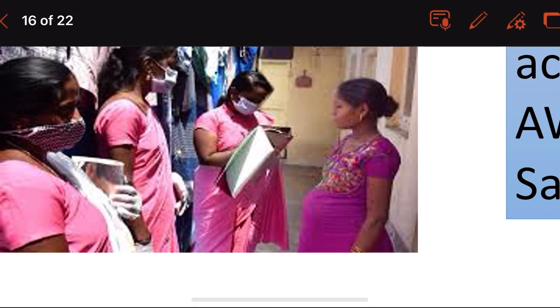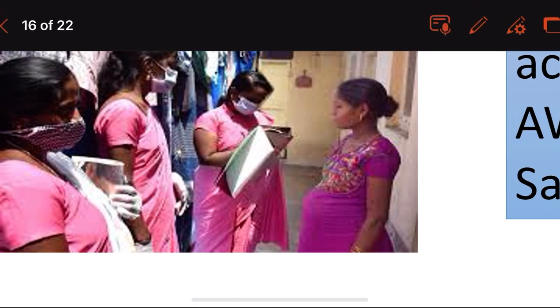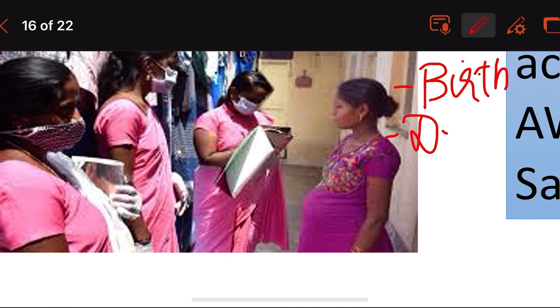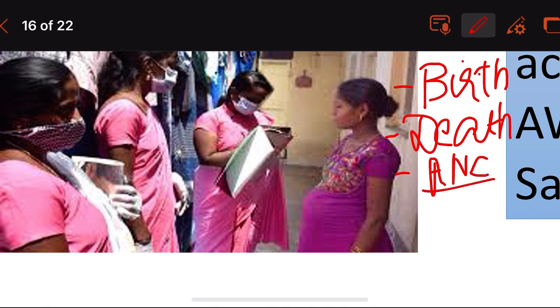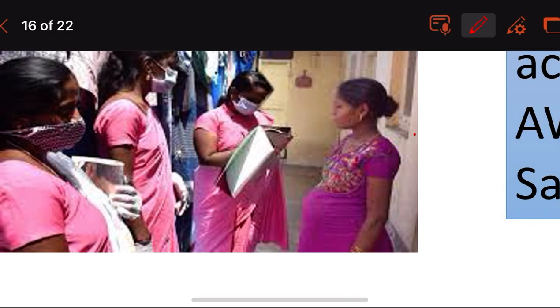You can see she is recording the necessary information about births and deaths in the community, and about the ANC, antenatal care, like how many checkups they have visited, and if the baby is there, what was the immunization status of the baby. And she will also focus on other unusual health problems or disease outbreaks in the community.